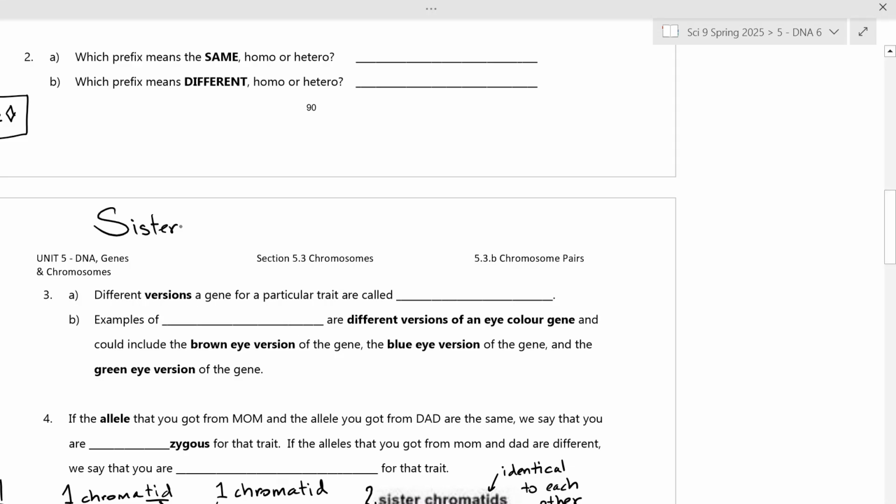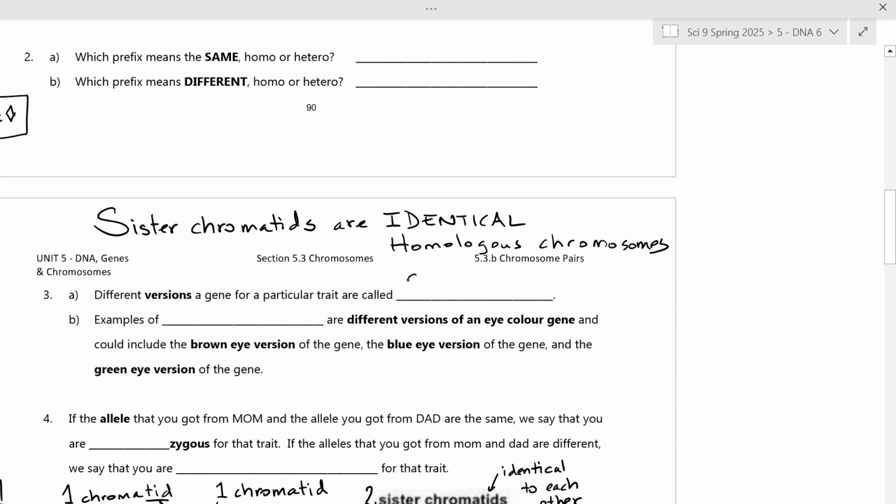Sister chromatids are identical. Homologous chromosomes are similar.